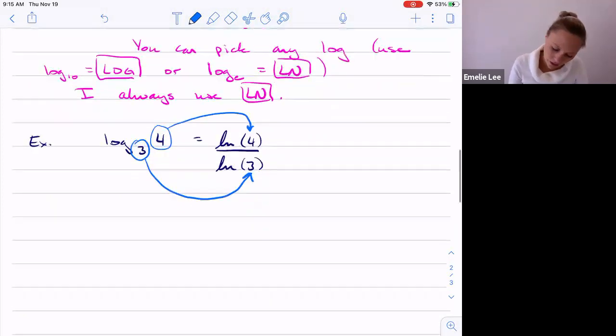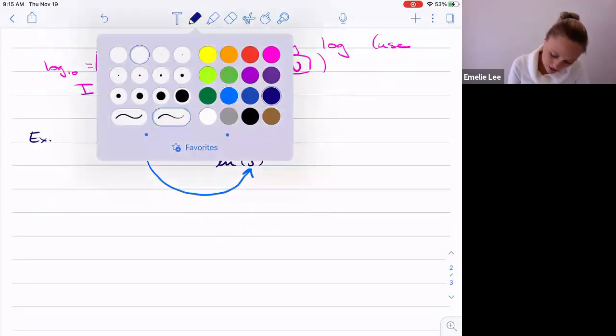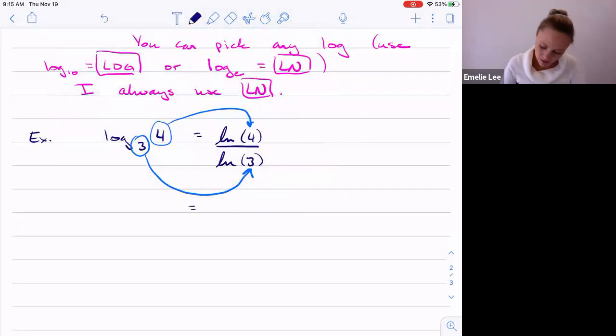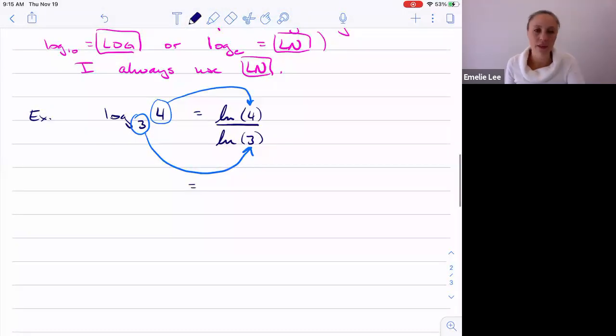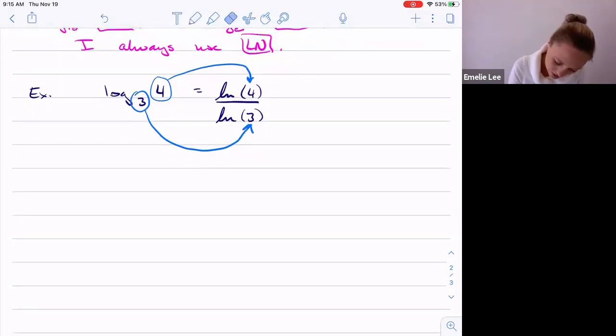Okay. So if we check this, the ln of 4 divided by the ln of 3, I get roughly, just a decimal approximation here, 1.2618595507.